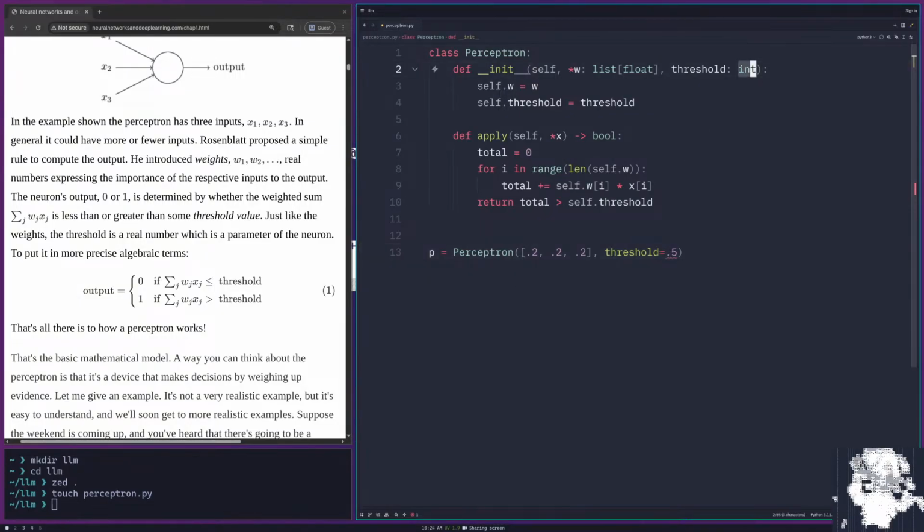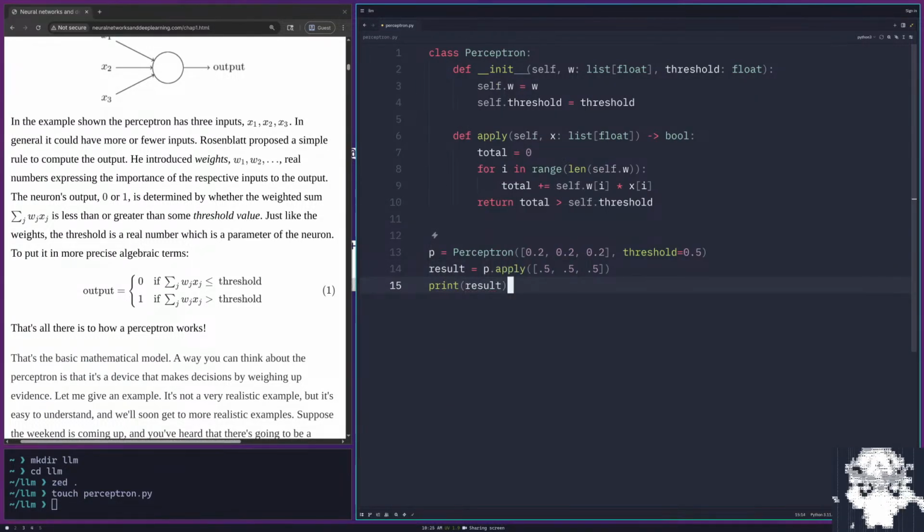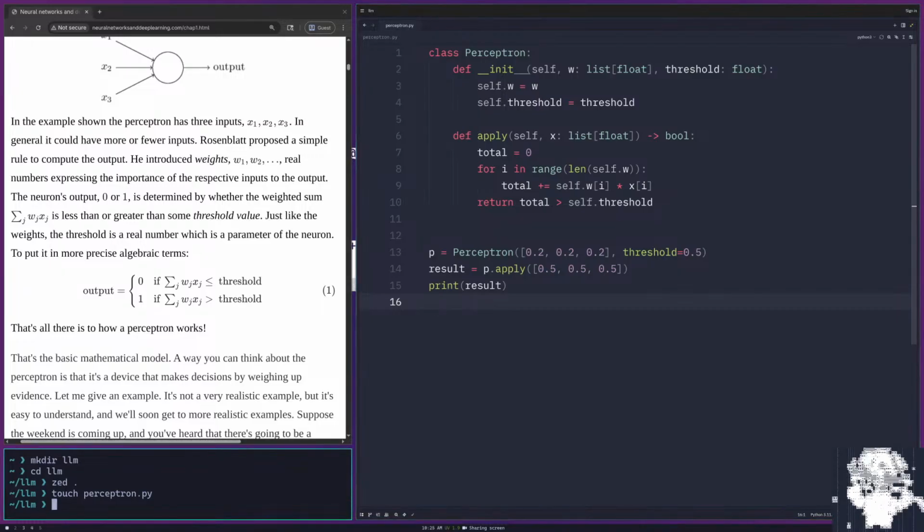And this should not be an int, this should be a float. What did having the star here do? I guess it didn't do anything. List of float. p.apply, and then we're going to have 0.5, 0.5, 0.5. Print result. Python perceptron.